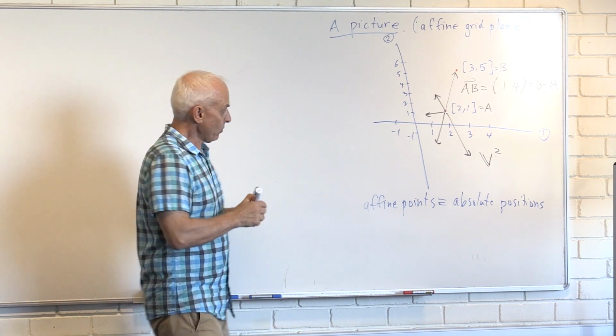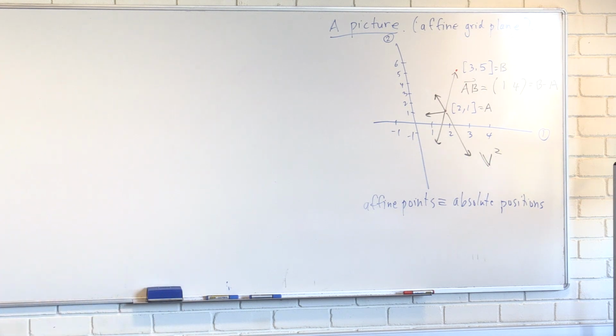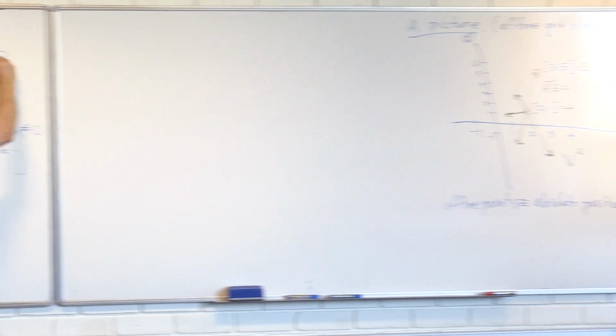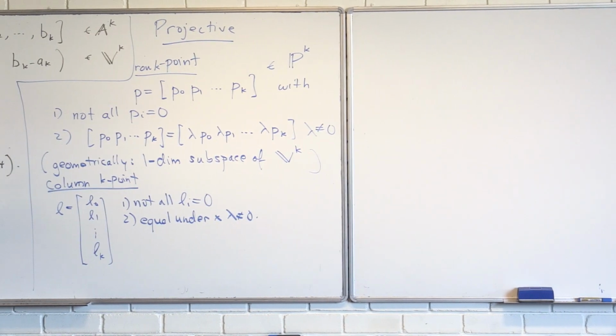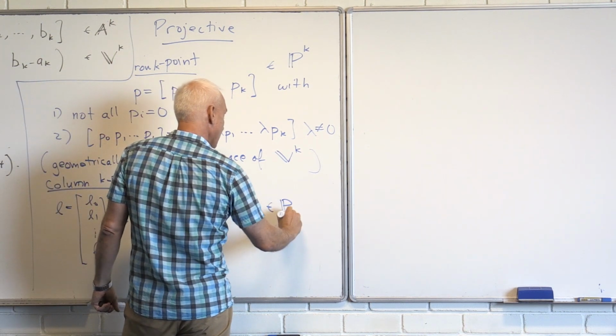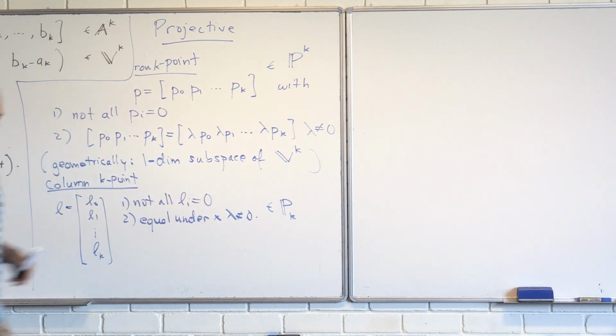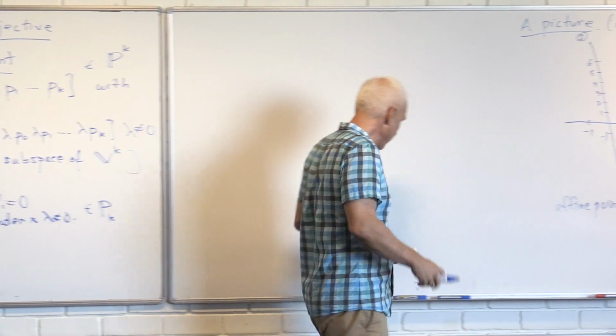Okay. And what about the projective space? We should give this some names. So let's introduce P super K, that's K-dimensional projective space, row, and over here P sub K for K-dimensional column space. So over here, we wanted to visualize where is P2 in this story.